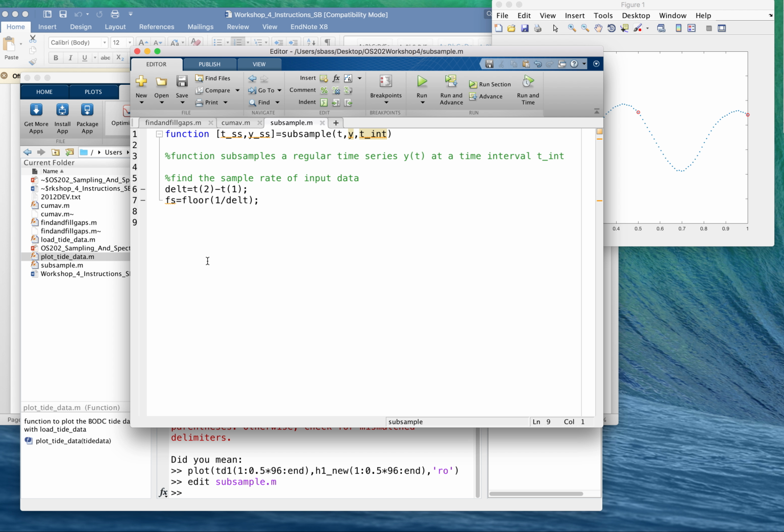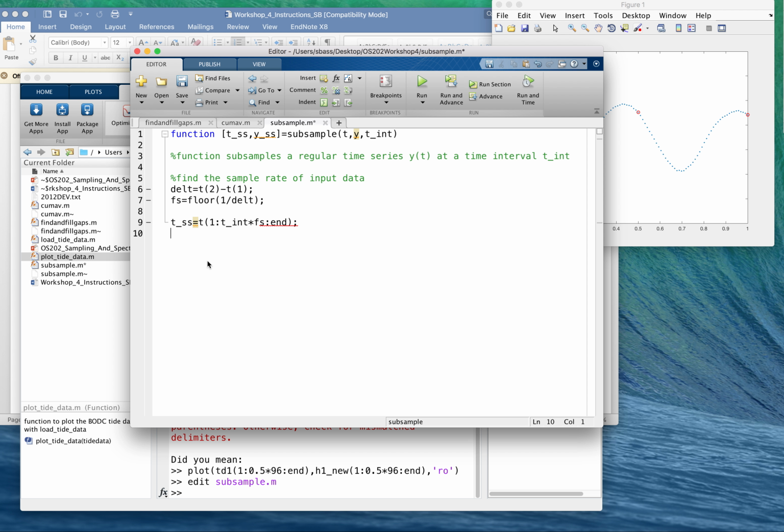Okay, so going back to our editor again, we can assign our subsample time series. We're just picking out, so in other words, the data points are there, we're just not using all of them. So we are going to subsample from 1 and skipping every t int times fs data points until we get to the end of that array.